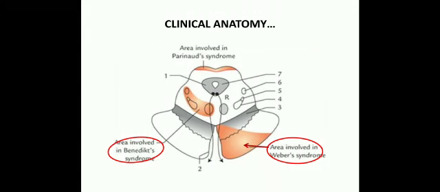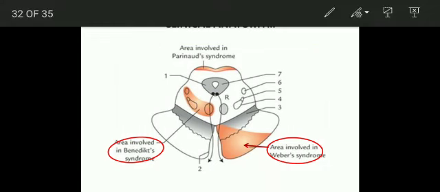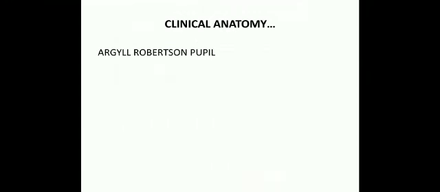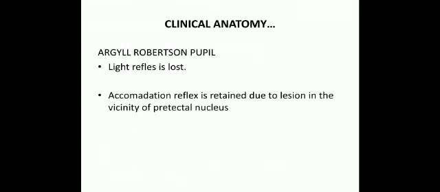In Benedict's syndrome, the tegmentum part is involved, and in Parinaud's syndrome the tectum part is involved. Argyll-Robertson pupil: here the light reflex is lost, while the accommodation reflex is retained, due to a lesion in the vicinity of the pretectal nucleus.